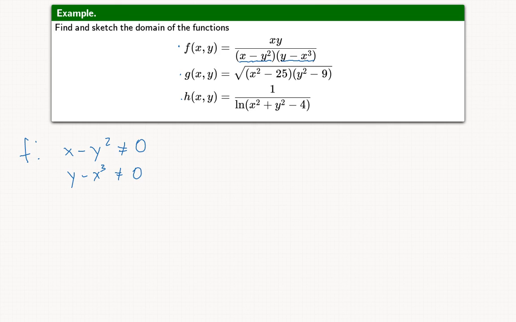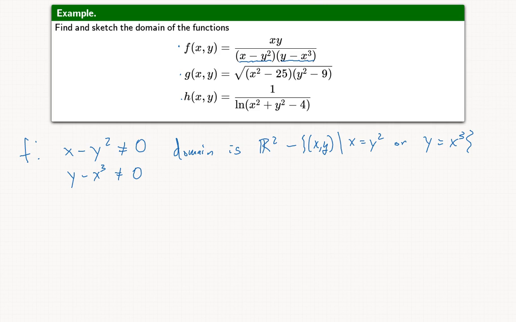So the domain is R2 minus the points xy such that x equals y squared or y equals x cubed.